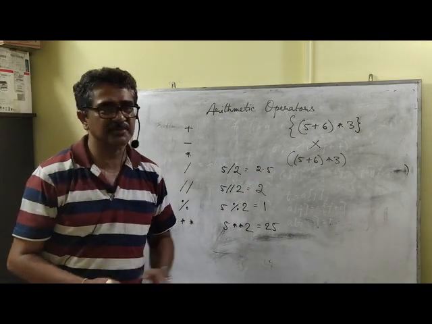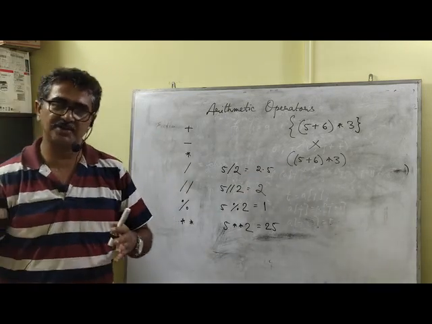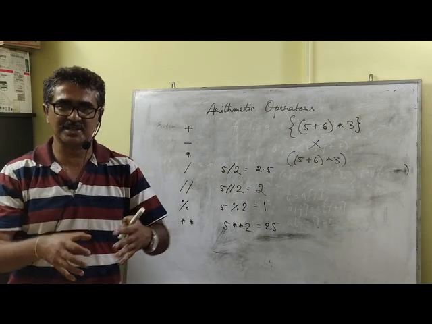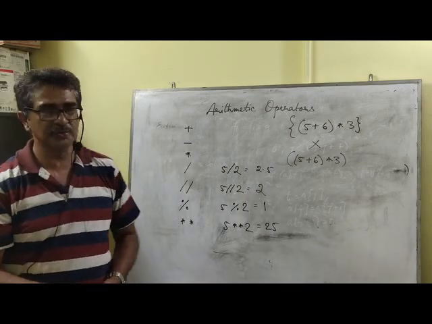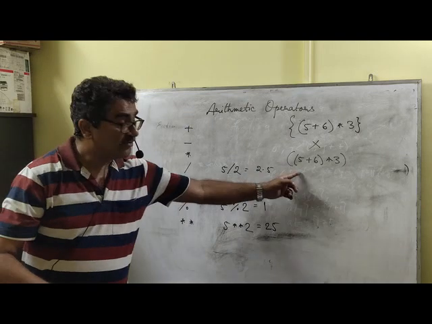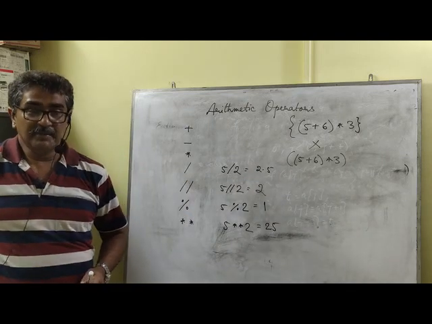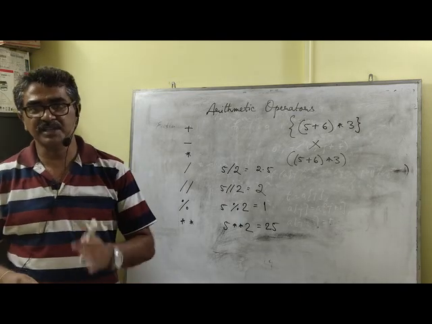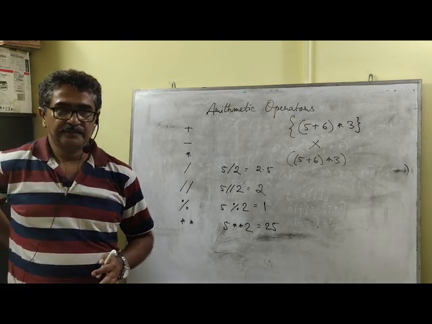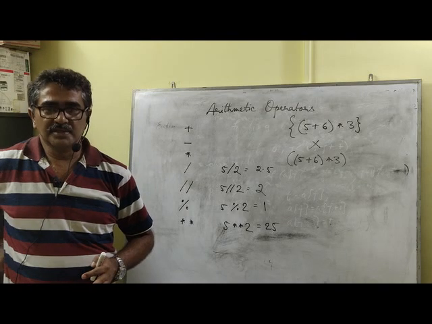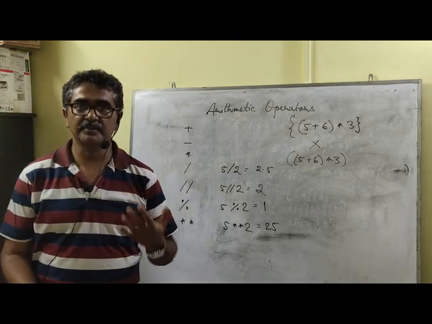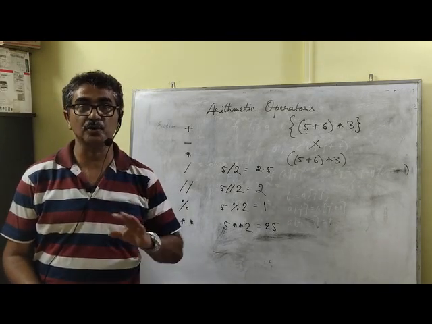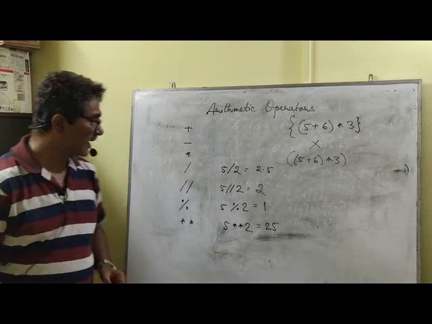So in a mathematical expression, irrespective of how many brackets you have inside another bracket, that is nested brackets, you are always going to use the first bracket only. I believe you can understand what I am trying to tell over here. Only the first bracket can be used in a mathematical expression. No other bracket can be used here.